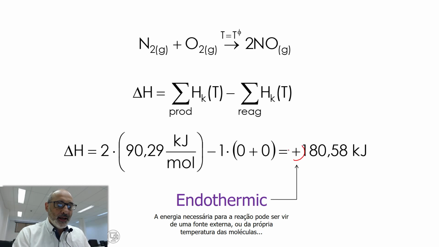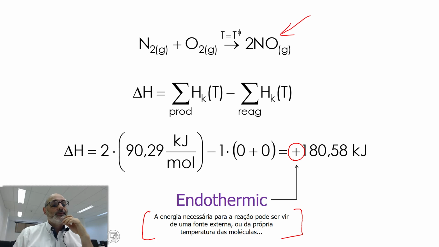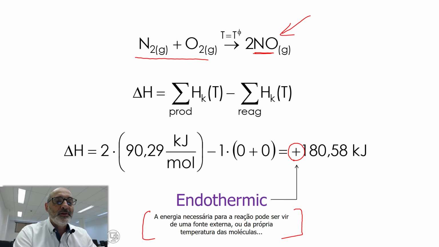So this plus sign means that the process is endothermic, and where do you think this energy comes from? This means that 180 must be absorbed for this reaction to take place. And why is that? Because the energy content on the right-hand side is greater than the energy content on the left-hand side. So you need to absorb energy.